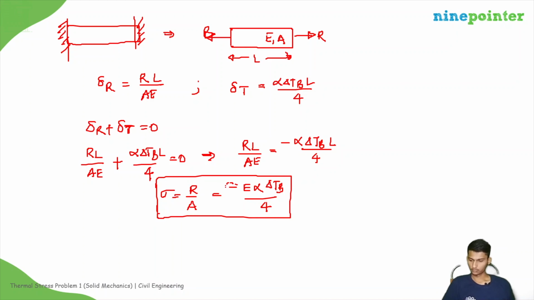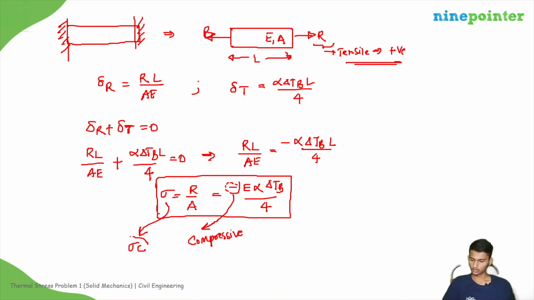See, we assumed R as tensile, and tensile is positive, but we got negative here. This signifies the stress is compressive. The compressive stress is given by E alpha delta T_B by 4.